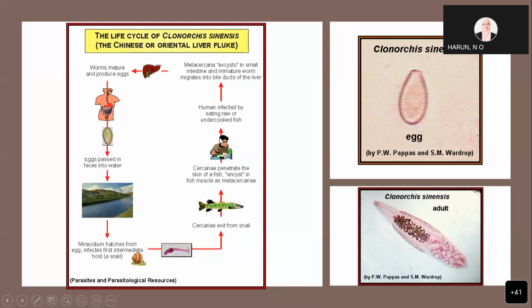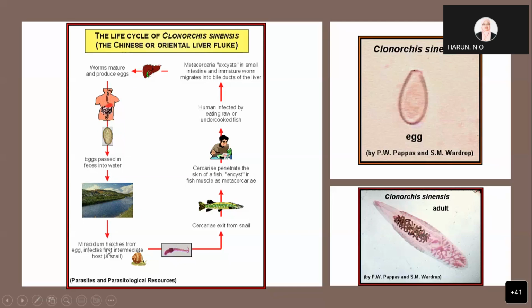The human eats the raw or undercooked fish, and then the metacercaria go straight into the small intestine through our digestive tract. The immature worm migrates into the bile ducts of the liver, and towards the end it matures and produces eggs in the liver, which later pass into feces, into any water bodies. So this is how its life cycle goes.